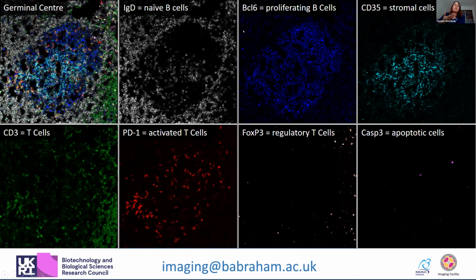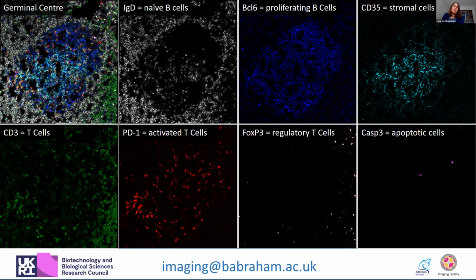They can have a very specialized localization pattern. And it's sometimes even the case that, for instance, when you look at naive B cells, they are predominantly excluded from the germinal center, whereas actively proliferating B cells are actually localized in the germinal center.